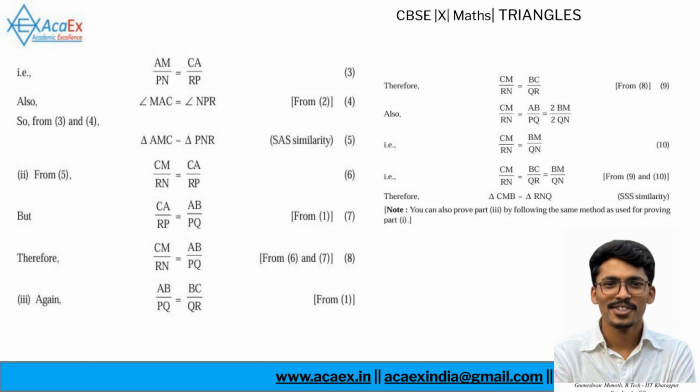Therefore, by substitution, CM/RN equals AB/PQ. Part III. Prove that triangle CMB is similar to triangle RNQ. This is proven using the SSS similarity criterion by showing that the ratios of all 3 corresponding sides, CM/RN, BC/QR, and BM/QN, are equal.